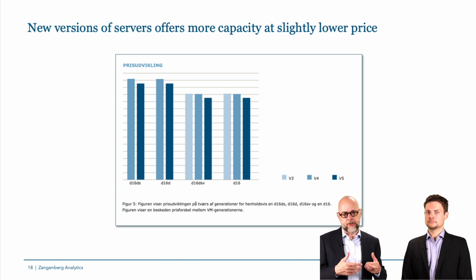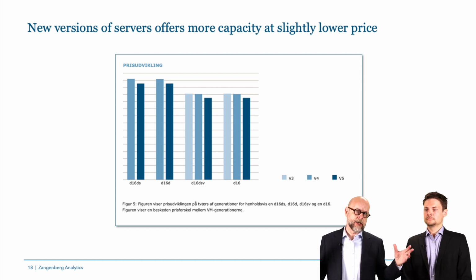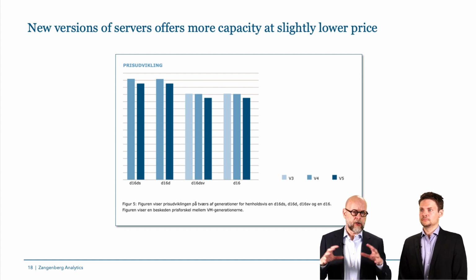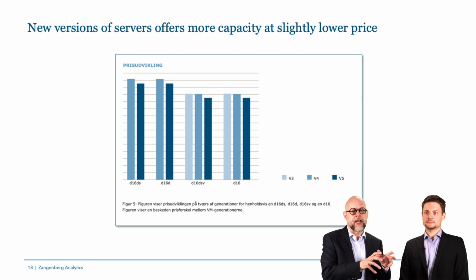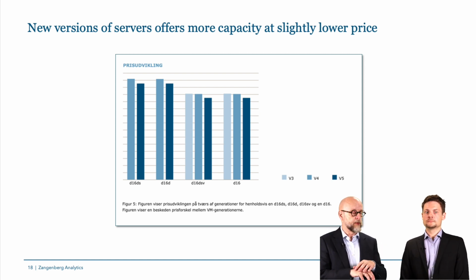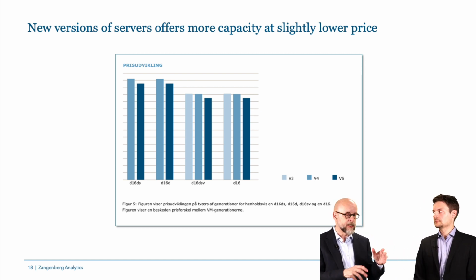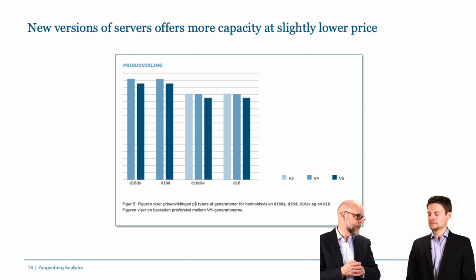In order to utilize that, you basically need a setup where you can scale down a cluster of VMs to a smaller cluster, because otherwise, just taking an application running on one VM and moving it to the newer version of that VM will not, of course, give you the full benefit of the performance increase. It will only give you the price decrease.